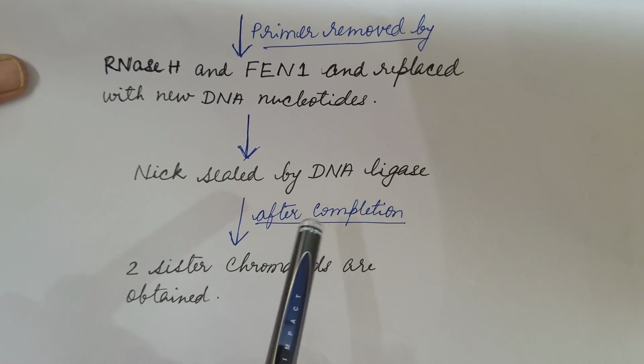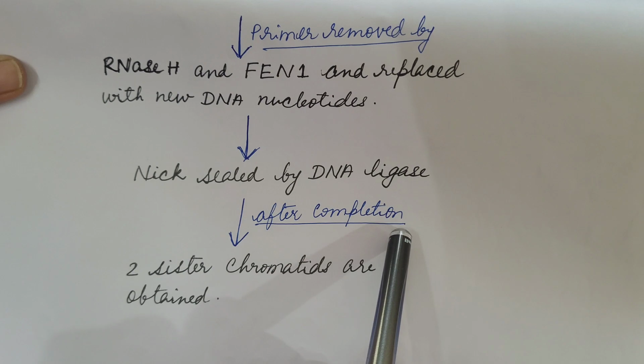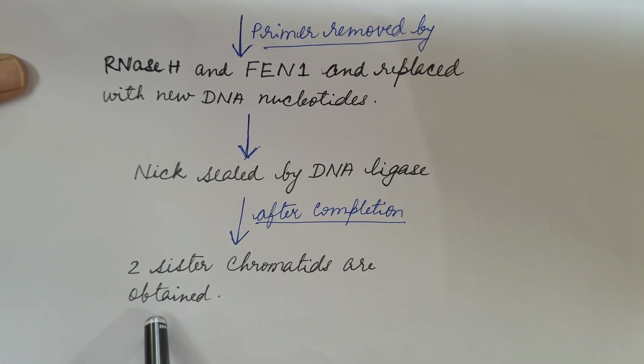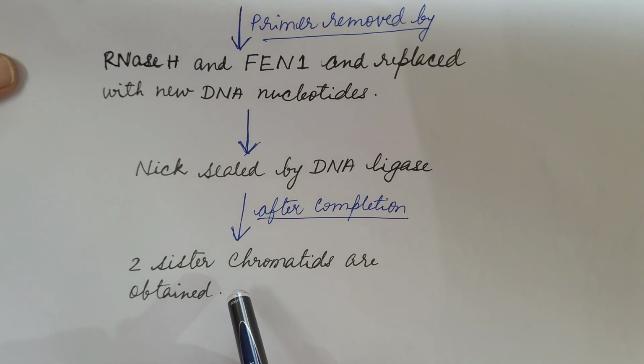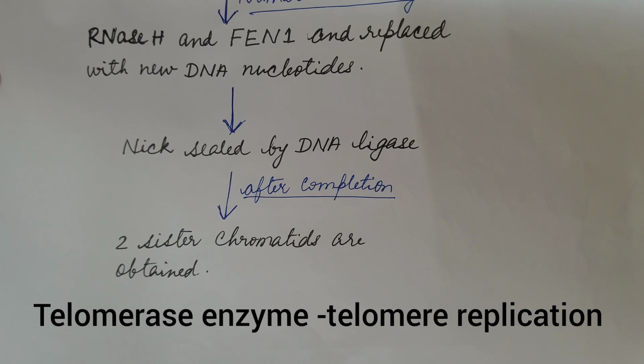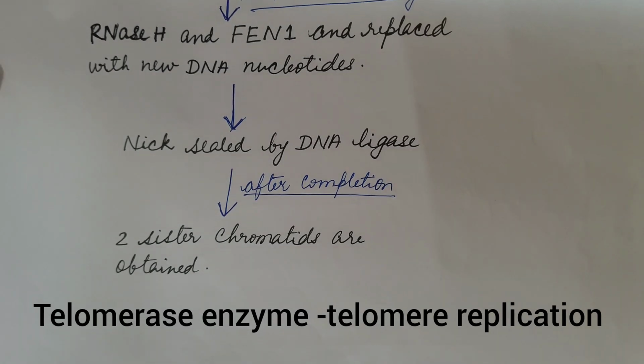After the completion of DNA replication, two sister chromatids are obtained, which are then transferred to each daughter cell. Since eukaryotes have linear chromosomes, there is a problem in the replication of the ends of the chromosome, known as telomeres. This is replicated by the telomerase enzyme. This we will discuss in detail in a separate video on termination.